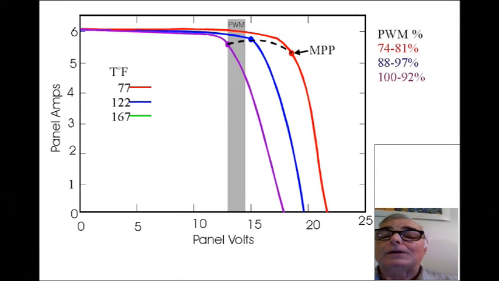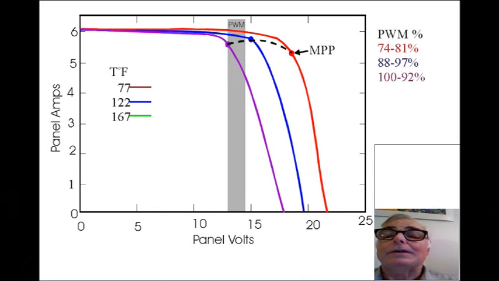And in fact, it ranges from about 88 to 97% of the output of the MPPT controller. And if the panel gets really hot, 167 degrees Fahrenheit or 75 degrees Celsius, the PWM controller's output ranges from 100% of the MPPT controller down to 92% when we get up nearer 14.5 volts.